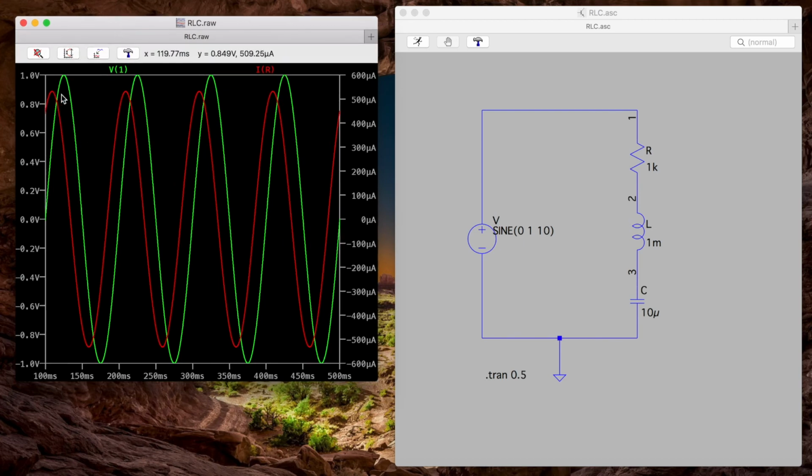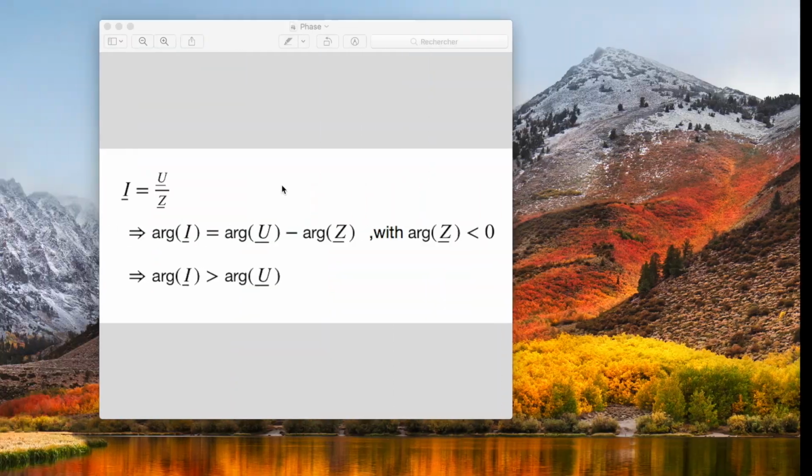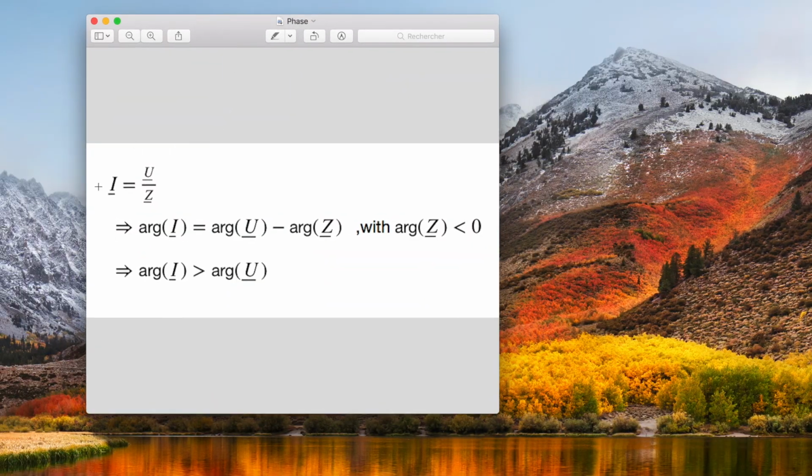We can observe that the current is ahead of the voltage. That's because if we use this formula, we can then write this, and as the argument of the impedance at the frequency of 10 Hz is negative, the argument of the current is greater than the argument of the voltage.